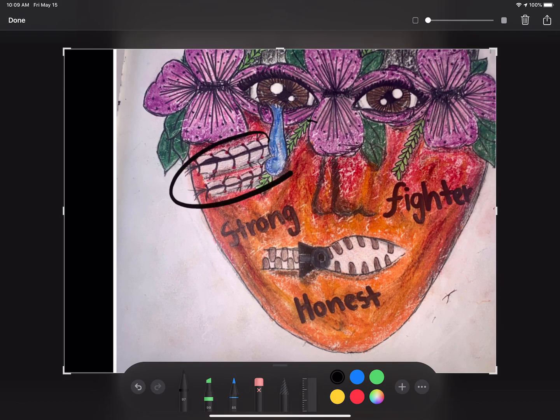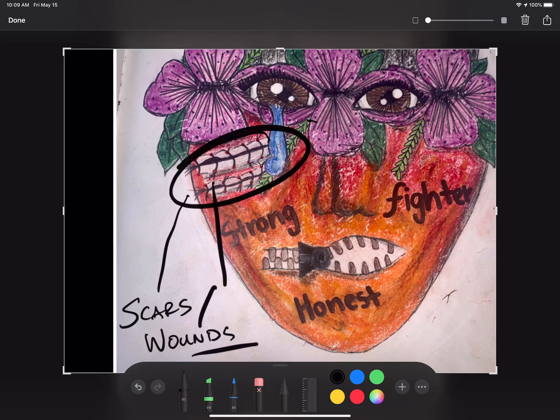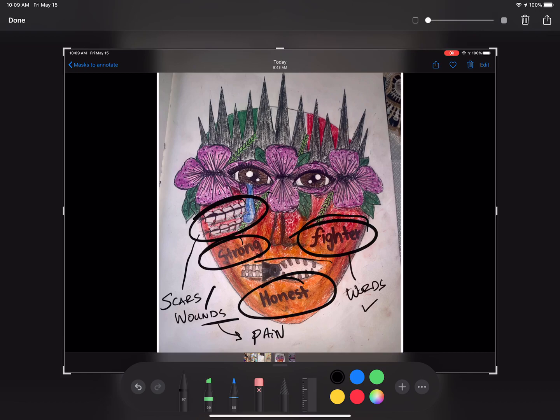So a really popular metaphor that we're going to see in these masks are scars or wounds, right? Representing, obviously, pain. You can totally have words, right? So words can be metaphor. Words are good. We have the zipper over the mouth, right?